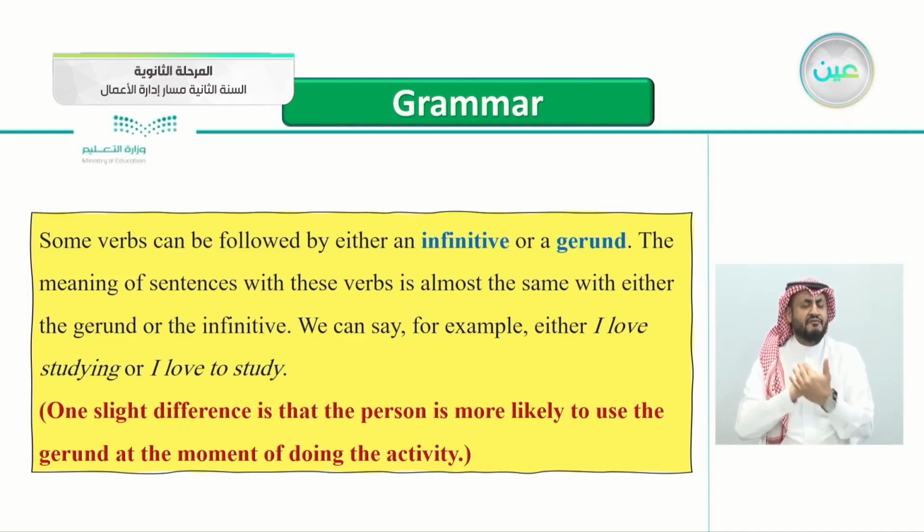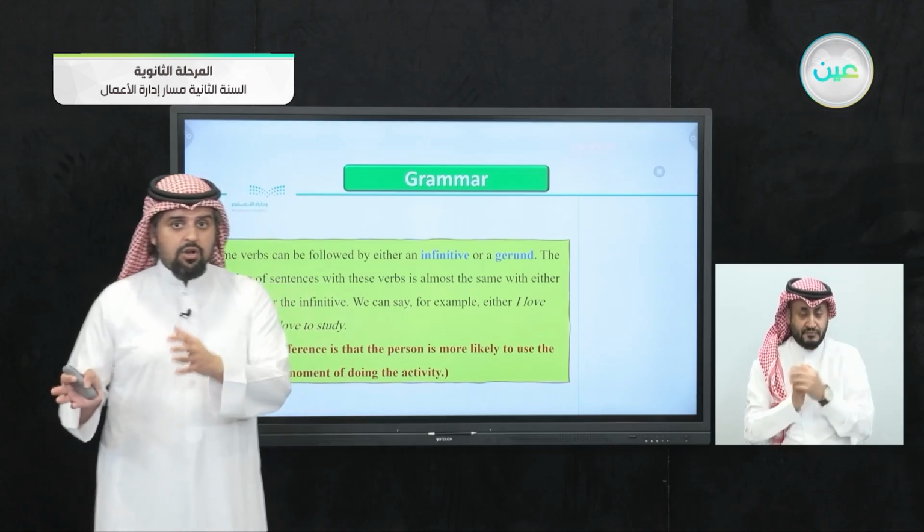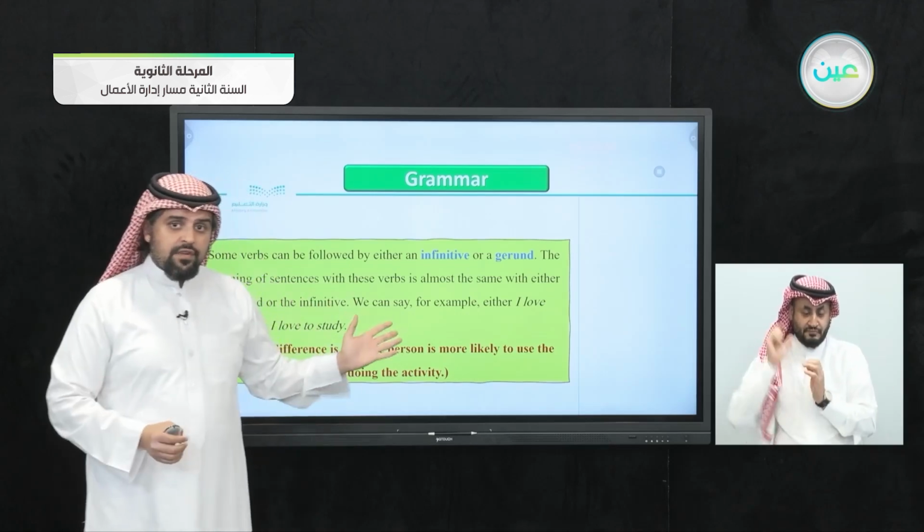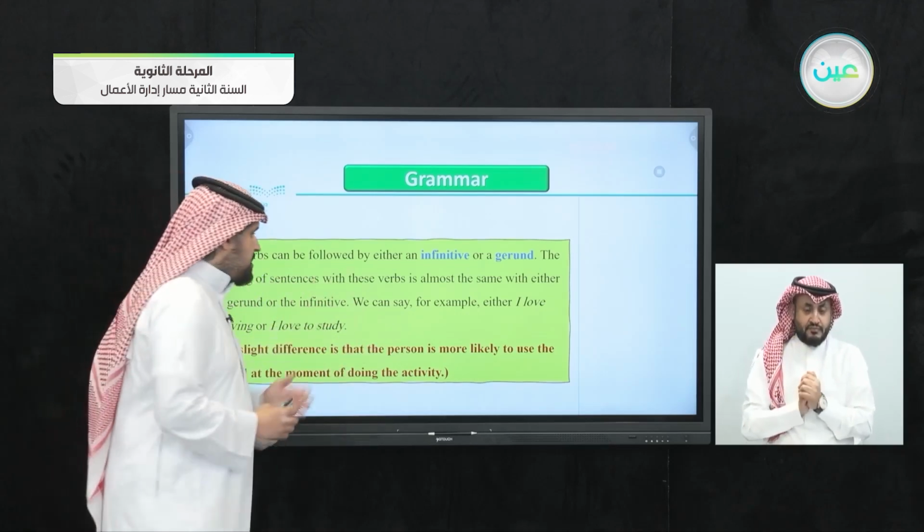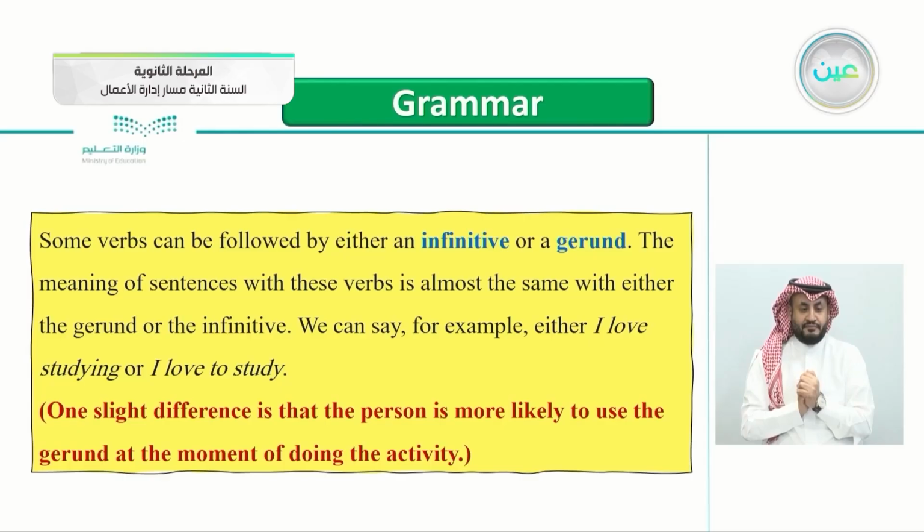Some verbs that can come with the gerund or the infinitive are like love or hate. They are almost similar in meaning. One slight difference is that the person is more likely to use the gerund at the moment of doing the activity.